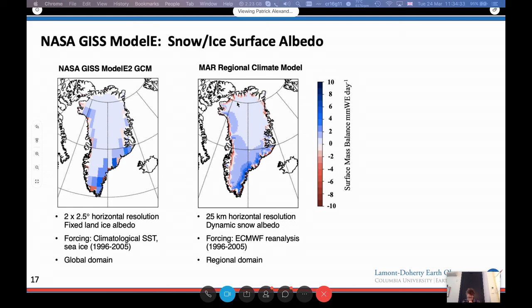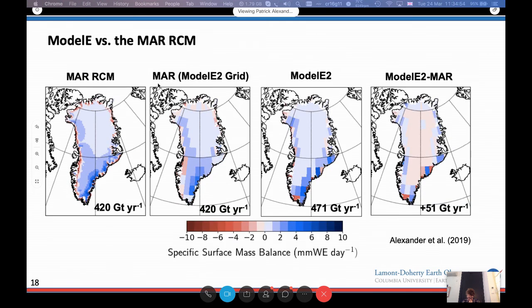So here I'm comparing the spatial pattern of surface mass balance in the MAR model and also the GCM. You can see the same kind of general patterns: an area of high accumulation along the southeast coast of Greenland and negative surface mass balance along the margins of the ice sheet. But if you integrate the higher resolution MAR onto the GCM grid, you can see some differences.